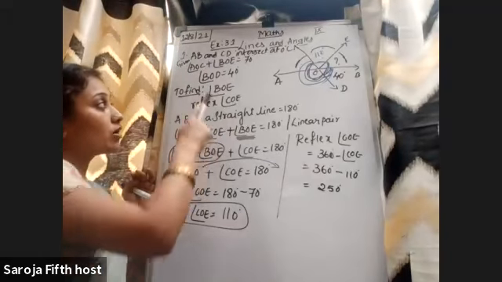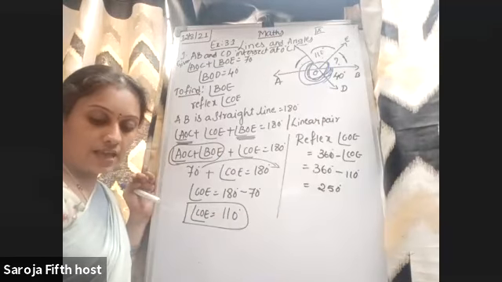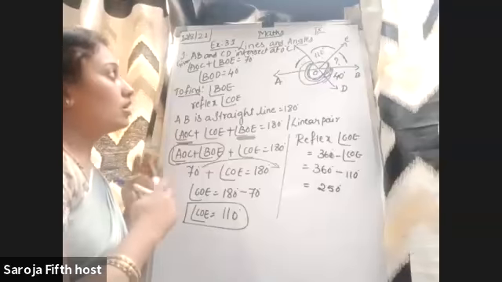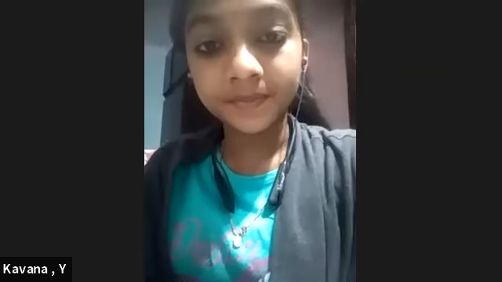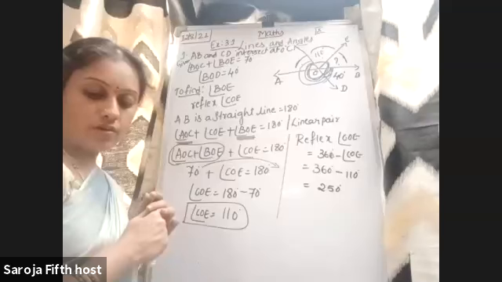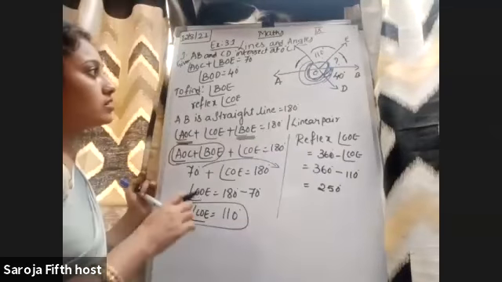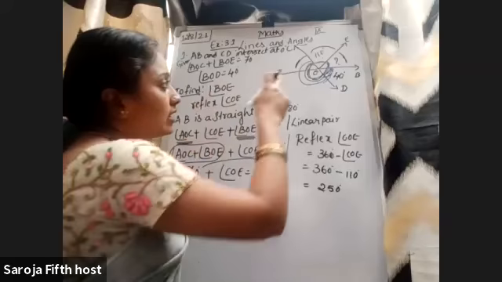Now we should find out angle BOE. How to find it out? What do you know? Okay, I will consider this angle. CD is a straight line.